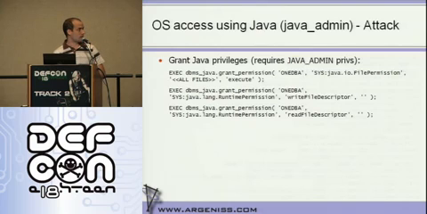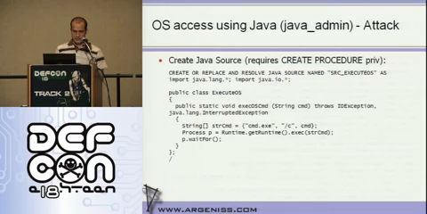So let's first see an example of using the Java admin role, so we can use these statements to grant the necessary Java privileges. Here I grant the necessary permissions to the DBA user. After that, I create a Java source that will take one argument, that is the command that we want to execute.